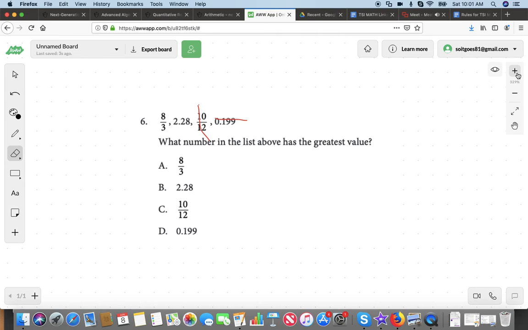Now we have the 8/3, and we see that's way over 1. How many times does 3 go into 8? 2 times. At least twice. Almost 3 times, right? Because 9 over 3 is 3. Is 8 over 3 closer to 3 or closer to 2?